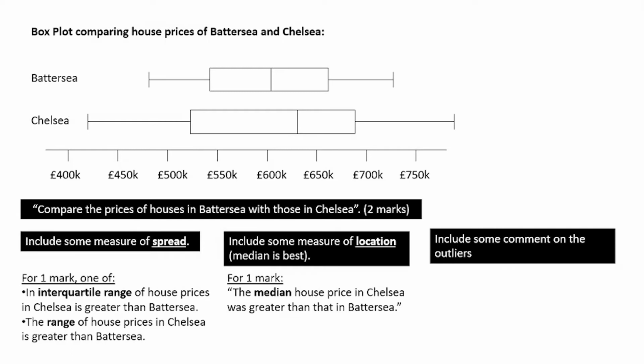Or they might both have outliers, while one has them at the top end of the data, the other has them at the lower end of the data. One of them might have 3 outliers, so 3 extreme values, while the other one only has 1 or none. So these are the comments that you want to try and make when you're comparing different data sets.